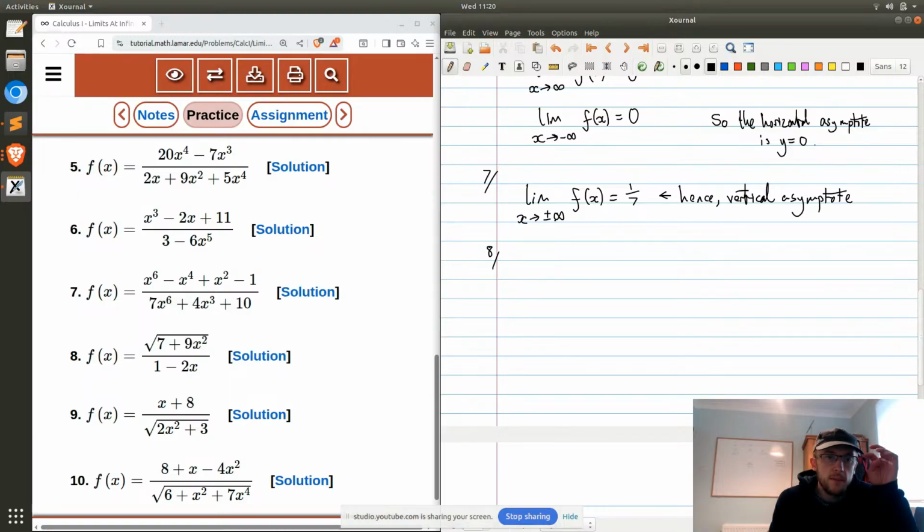And the eighth. This 7 is completely irrelevant, but you're taking the square root of this, so it'll end up behaving more and more like 3x for larger values of infinity. And so we have negative 3 over 2.